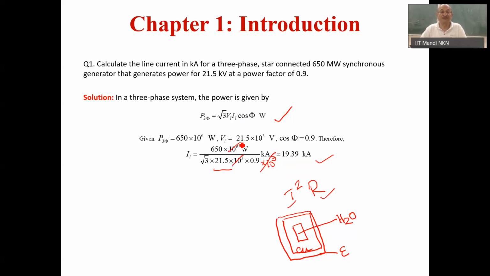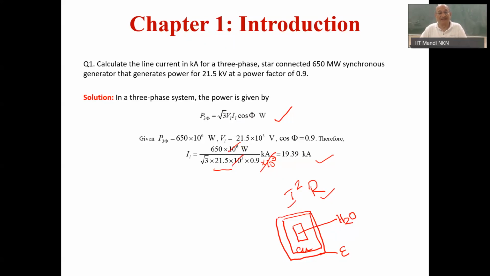Unlike in the case of transformers, where the whole insulation problem is taken care of by dipping the winding and core and everything in insulating oil, so it can withstand much more voltage and electric field intensity.